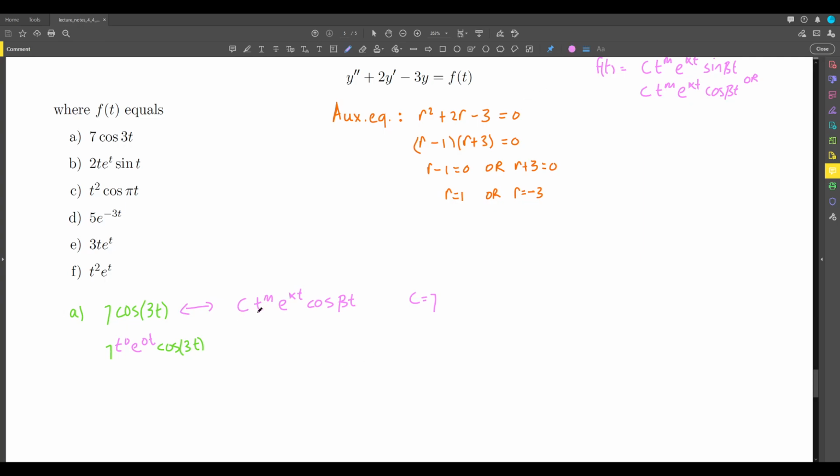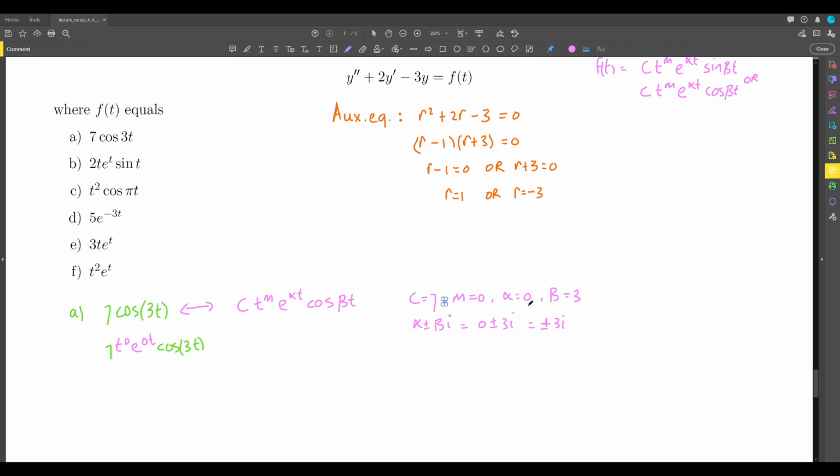So what are all our values? We see that m is equal to 0, alpha equals 0, and beta equals 3. So we have to compare the roots of the auxiliary equation with the root here. So alpha plus or minus beta i, that's 0 plus or minus 3i, or just plus or minus 3i.